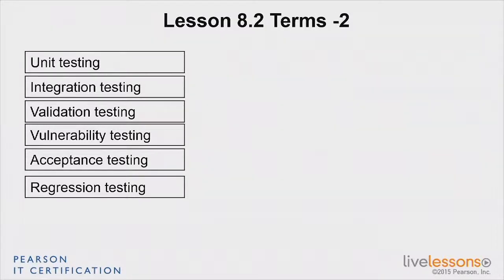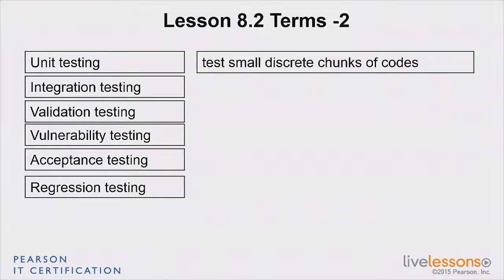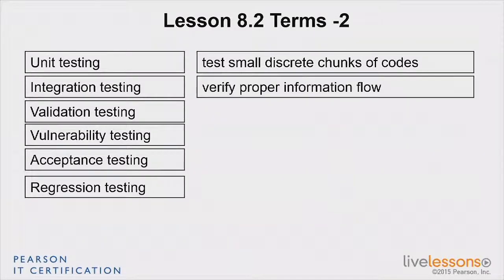Welcome back to lesson 8.2 terms, second round. So we're going to start with unit testing. Unit testing is testing small, discrete chunks of code. Integration testing is verifying the proper information flow. It's when we're working on multiple chunks of code and ensuring that the information is flowing securely and correctly between the code.